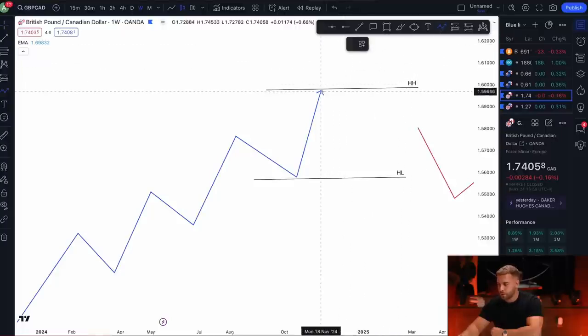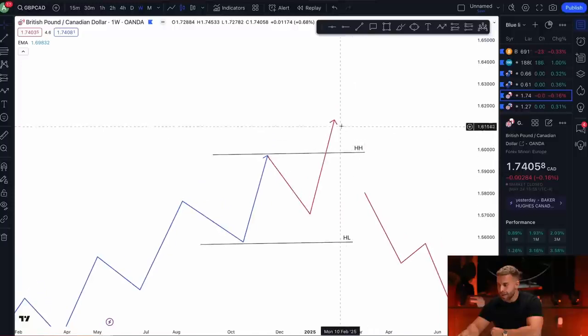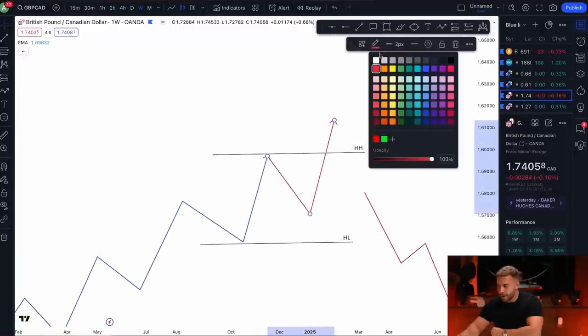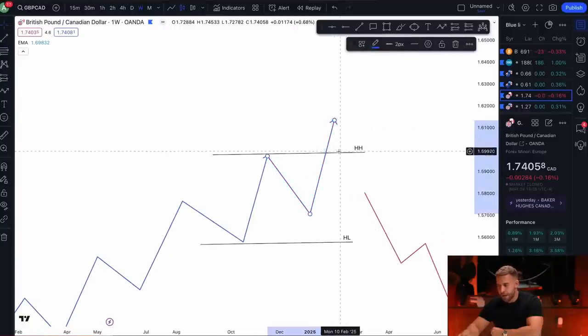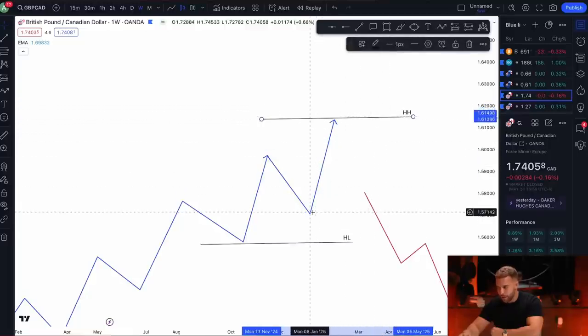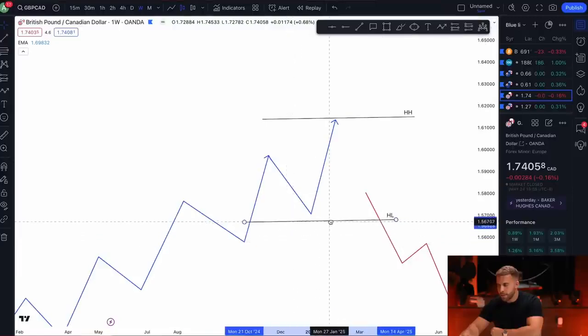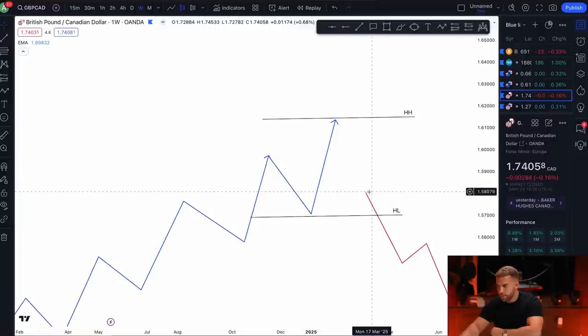If this market were to do something like this and have a retracement and head to the upside, well, now this is the new higher high within this market. So the higher high gets moved, and then the highest low point gets moved to the next highest low point, which is this point right here. Now, this is a perfect example of a bullish market.